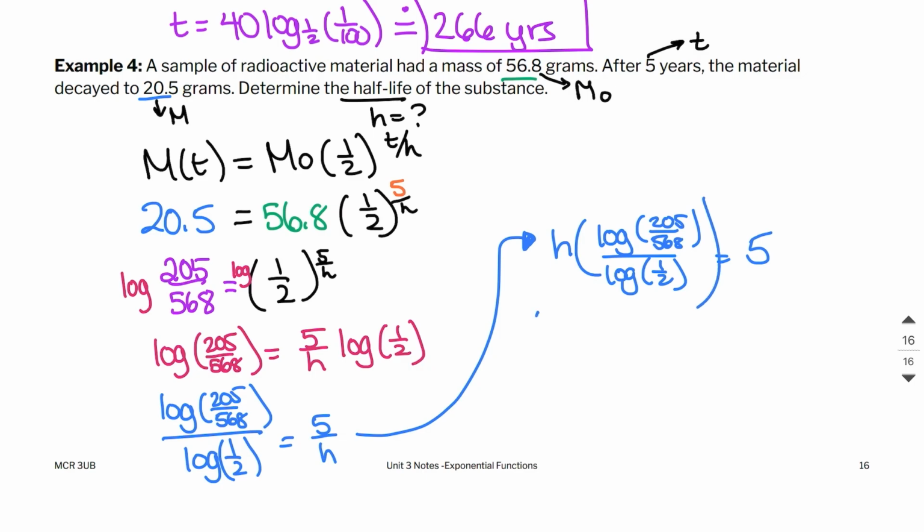And then in order for me to be able to isolate h, I need to divide by all of this stuff right here. But when you divide by all of this stuff, it's the same thing as multiplying by the reciprocal. So this would become 5 times the log of 1/2 all over the log of 205 over 568.